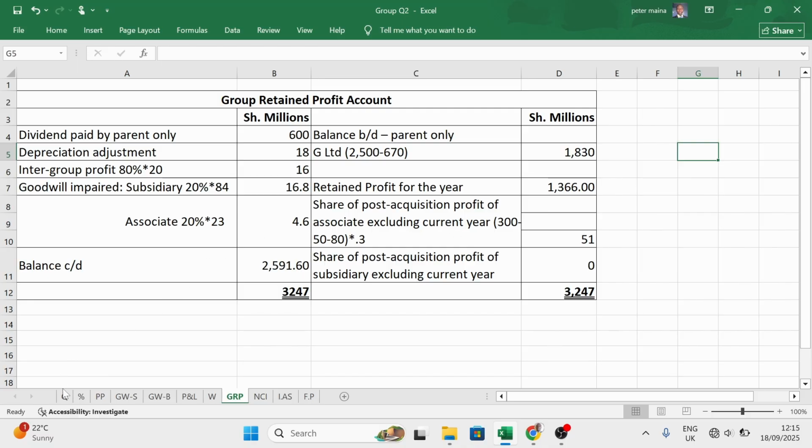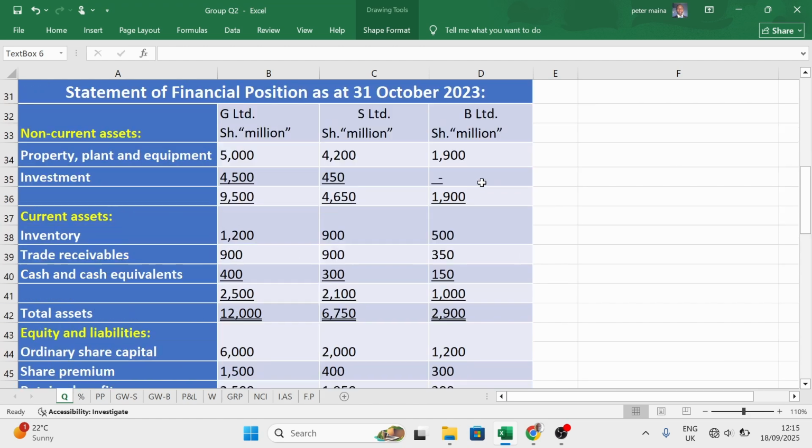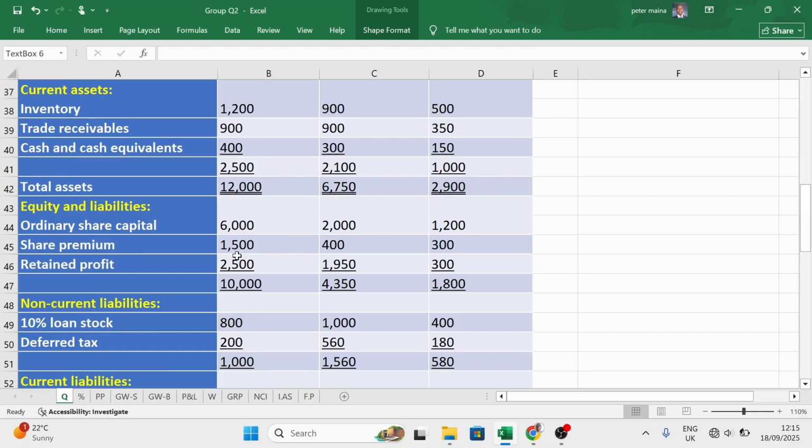If we go back to the statement of the financial position, under equity, go to the column of the associate, B Limited, look for the retained profit. It is 300. This 300 is both post and pre. But according to the format, we don't want pre.